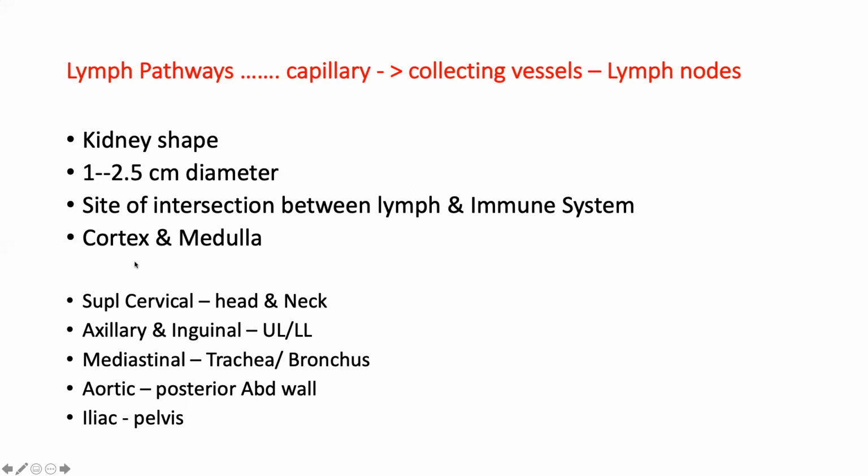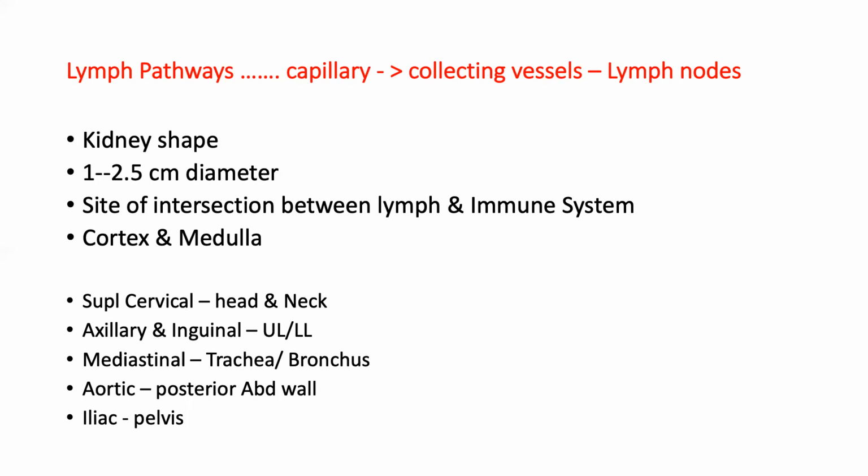If we split the lymph node, we will have an outer cortical layer and an inner medullary layer, like the one we saw in our adrenal gland. There are groups of lymph nodes which drain particular parts of the body.